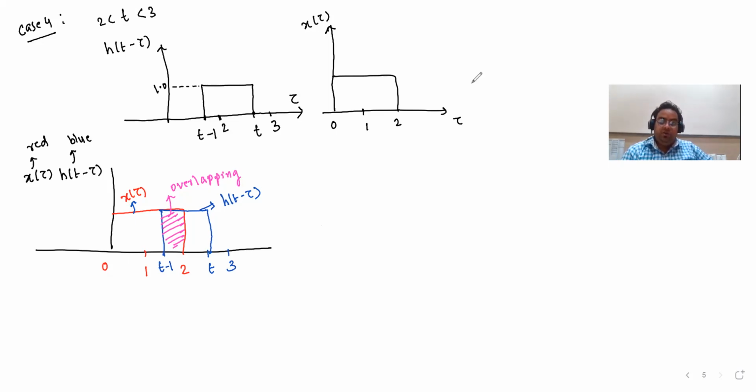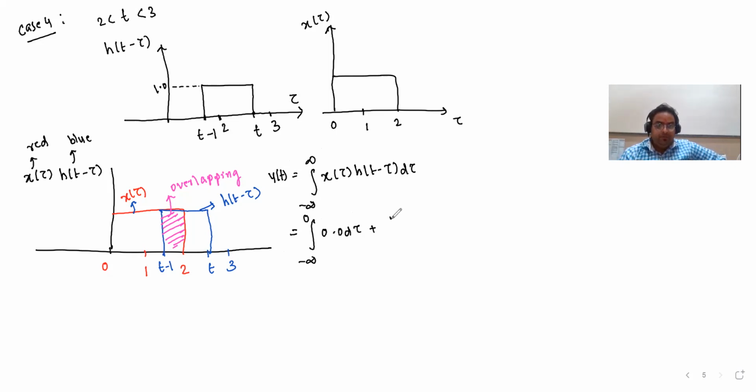Now the integration gives us the output y of t, the integral from minus infinity to infinity of x of tau h of t minus tau d tau. From minus infinity to 0, both of them are 0. From 0 to t minus 1, x of tau is 1 and h of t minus tau is 0.